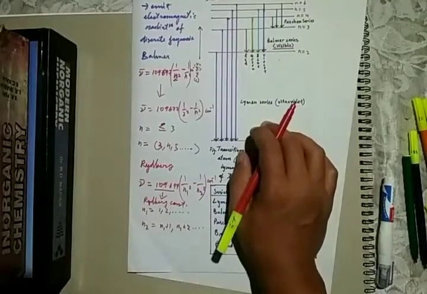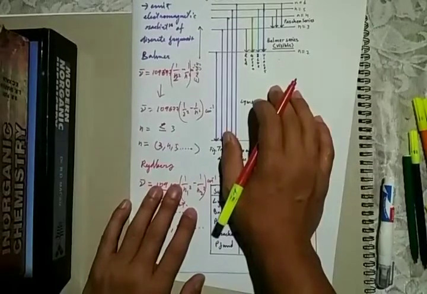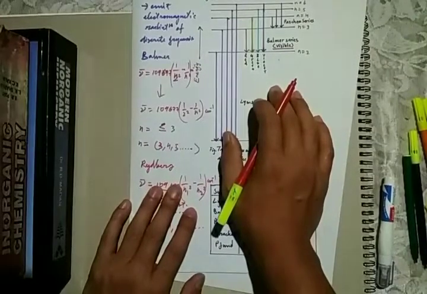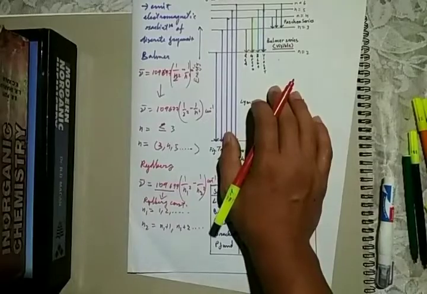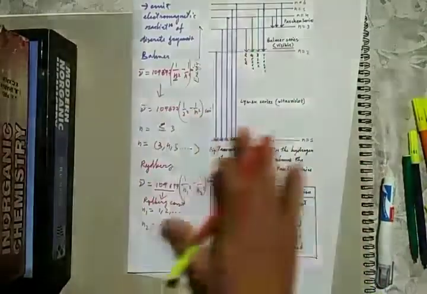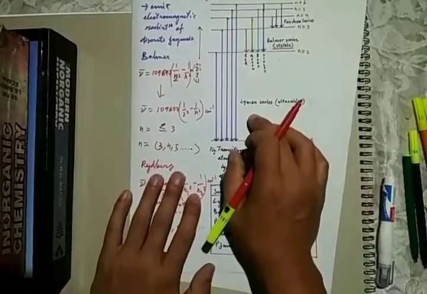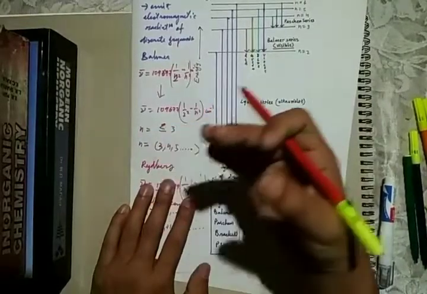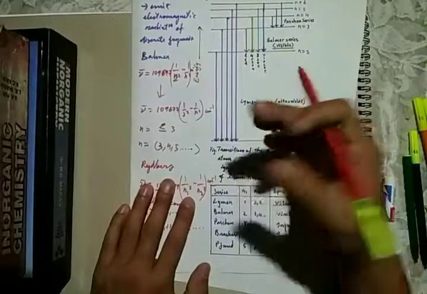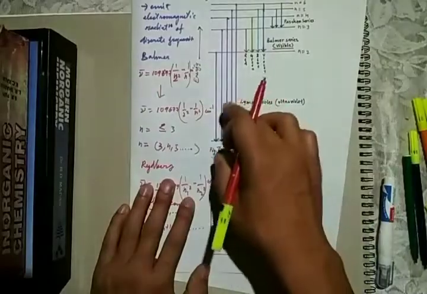So we can say that each atom, or each element, has its characteristic spectral lines. Through this discovery, the idea of quantization came about, that each atom has discrete energy levels.